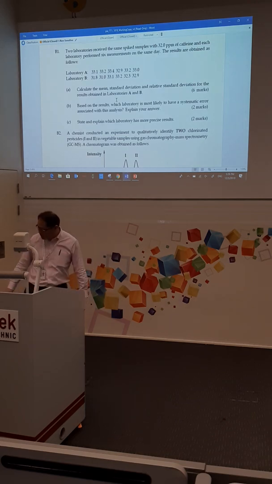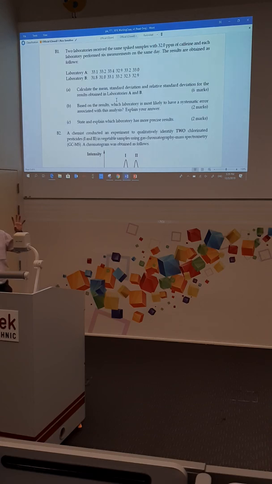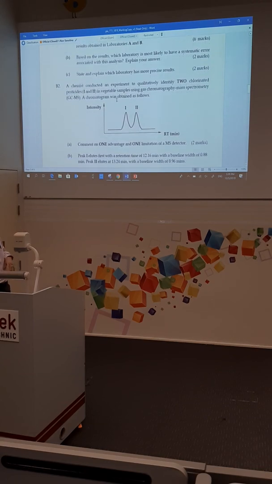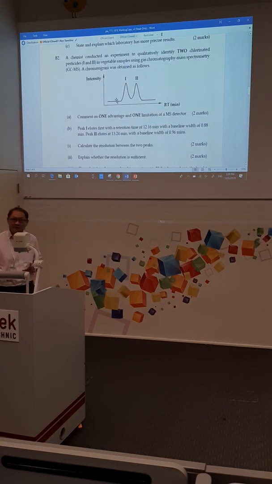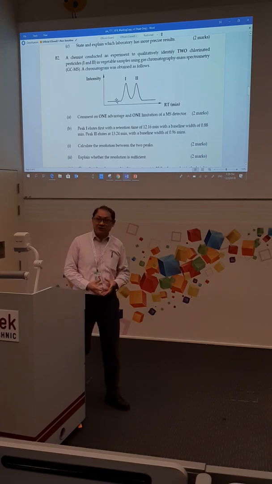Okay, B2. So you see B1 is again going back to topic 1, the more generic concepts. Then B2 is a GC question.